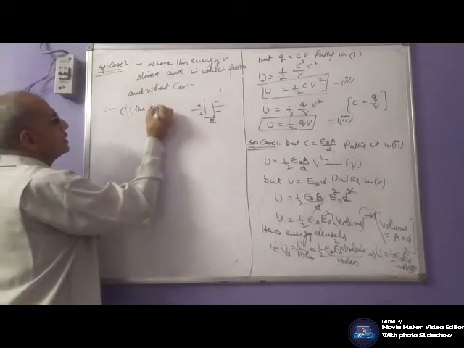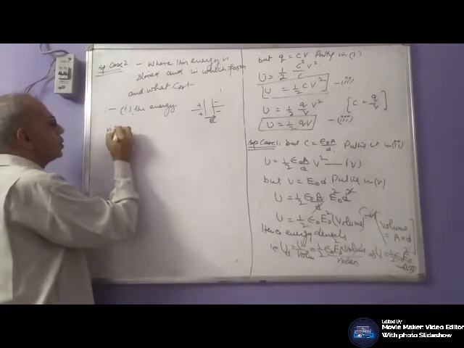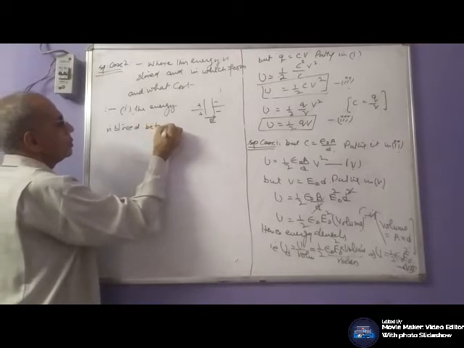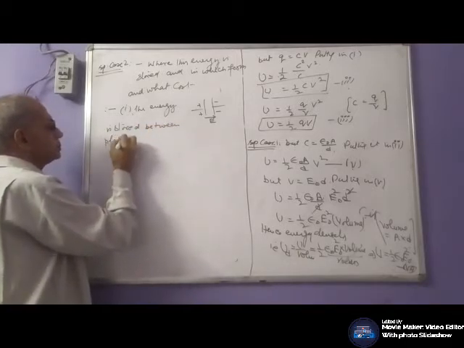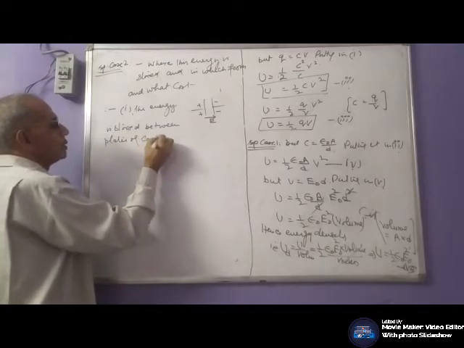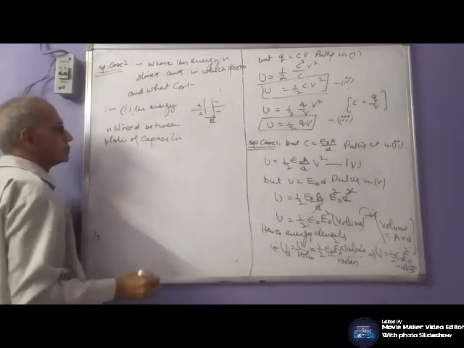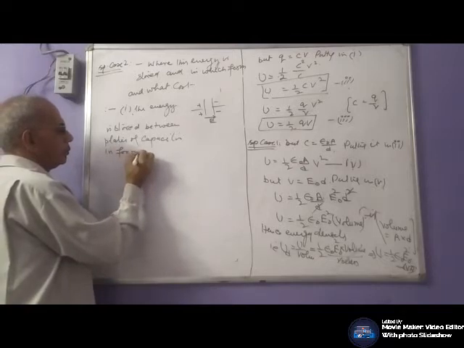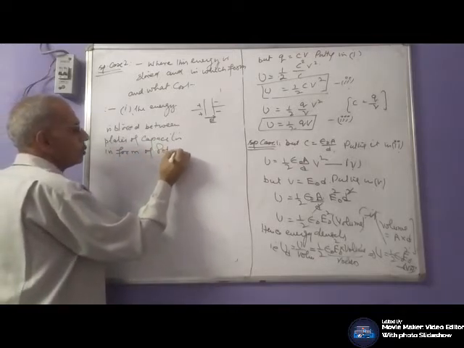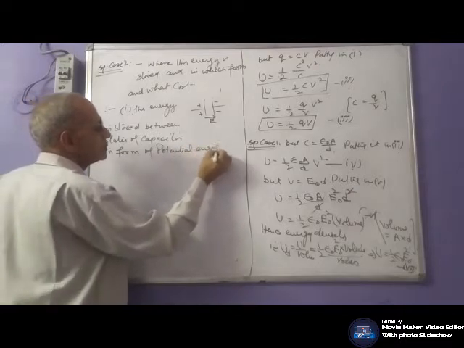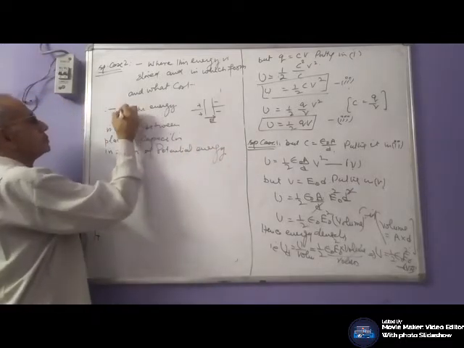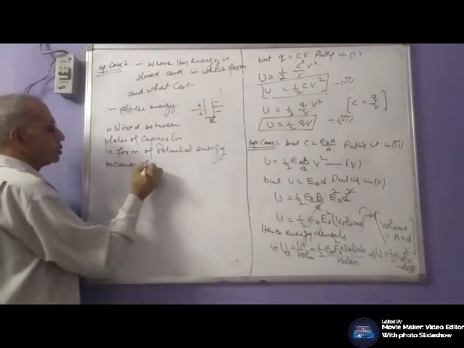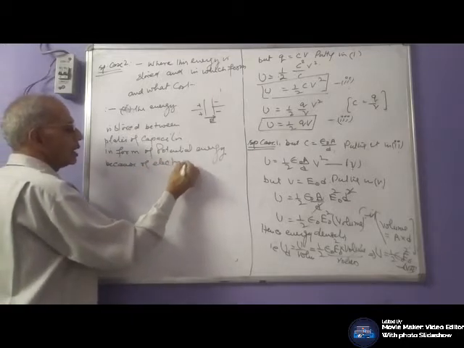The energy is stored between the plates of the capacitor, in the form of potential energy because of the electric field.